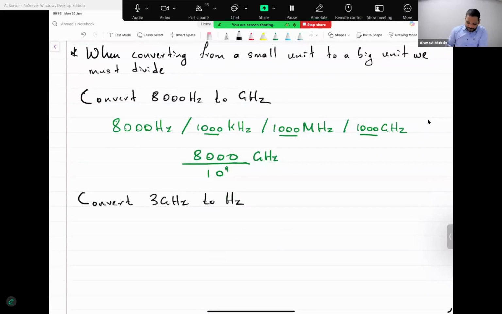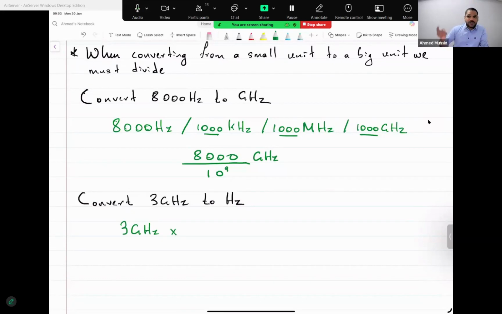Yeah. So, everyone, where are we? We are at gigahertz now. 3 gigahertz. So now we multiply. Everyone, can you look here? Guys, can you see? We are going from a big unit, from gigahertz, all the way down to a small unit. Everyone with me? When you go from a big unit to a small unit, you need to multiply.